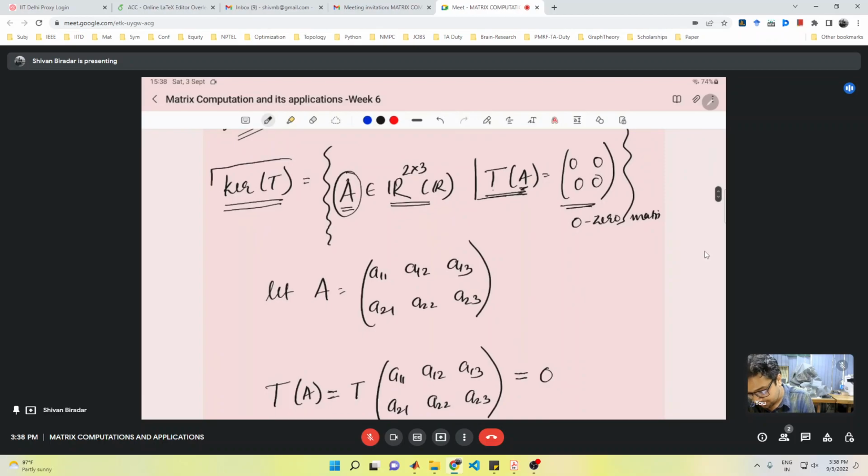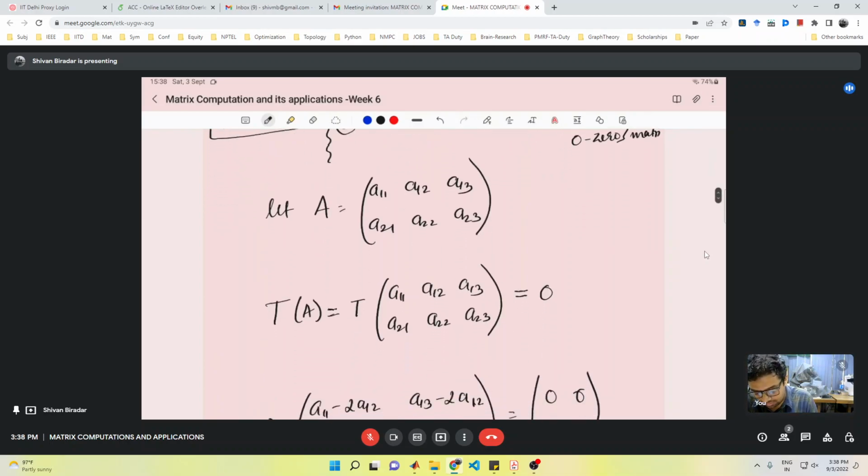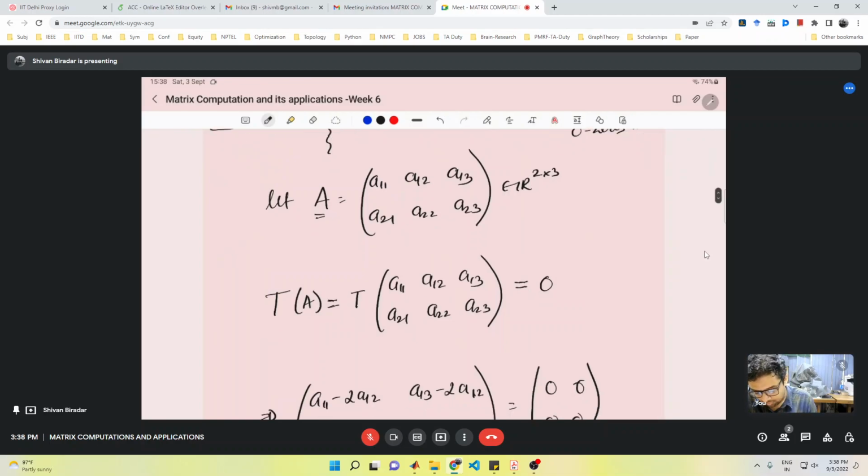So the question is, what is the dimension of this space, the kernel of T, or the null space of the transformation T? Let us assume that our A is this matrix, which belongs to R 2 cross 3. When we operate the linear transformation T on this matrix A, we get this.